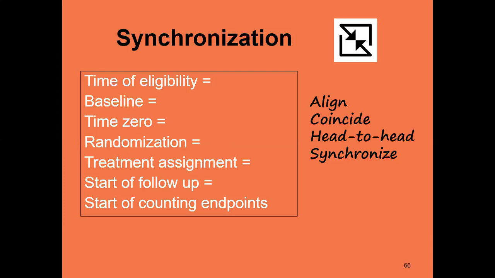So we need to clarify this concept when we synchronize them. It's very natural to align them when specifying the target trial because it's the basic requirement for any RCT protocol, in which time of eligibility is baseline when randomization happens and treatments are assigned. However, in observational studies, we often fail to do so because we're used to associational thinking.